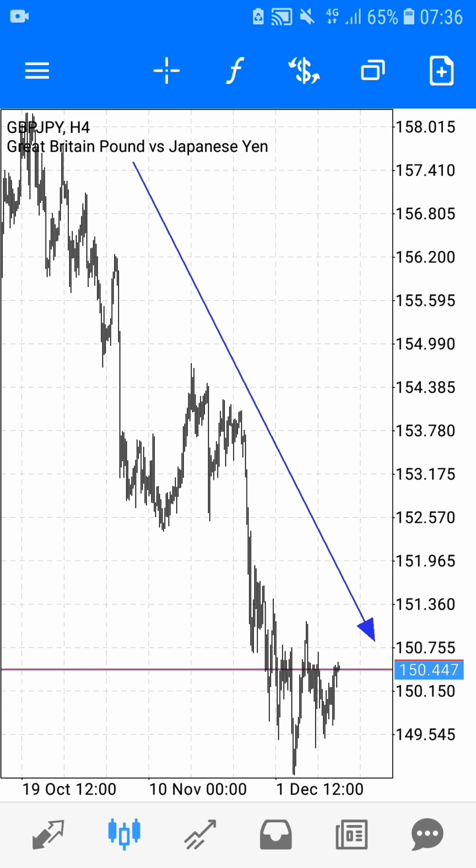Now, after you have identified your trend, make sure that you mark the levels, which are technically called the previous lows and highs.